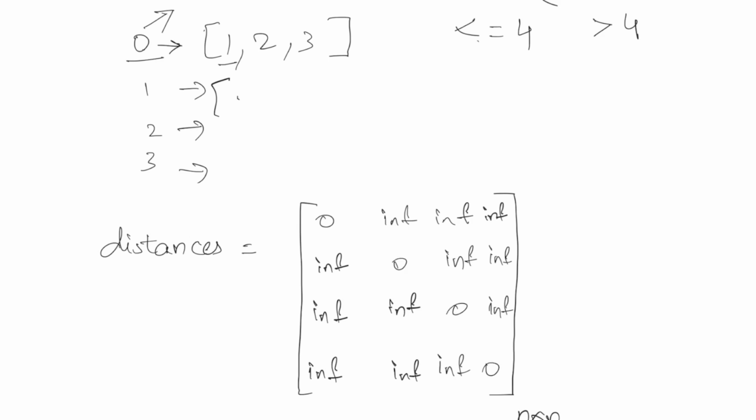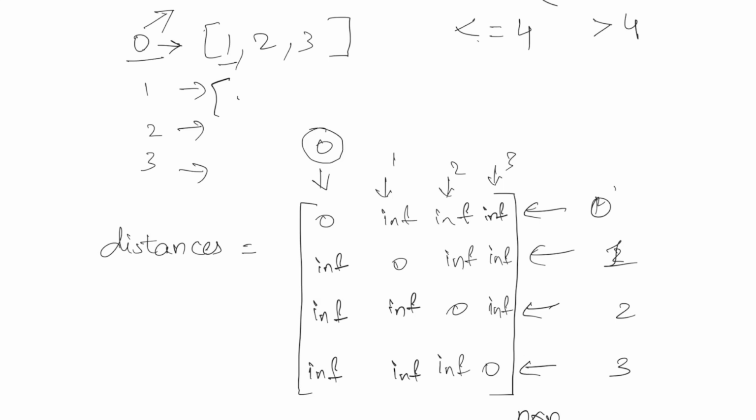What does this matrix say? This is city 0 1 2 3, and this is city 0 1 2 3. You are going from city 0 to city 0, from city 0 to city 1, from city 0 to city 2, from city 0 to city 3.